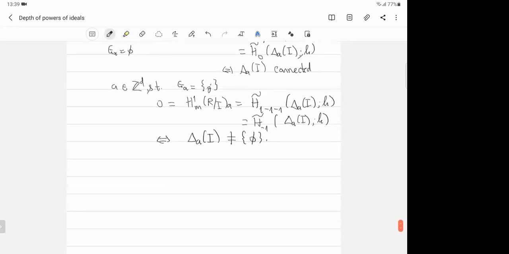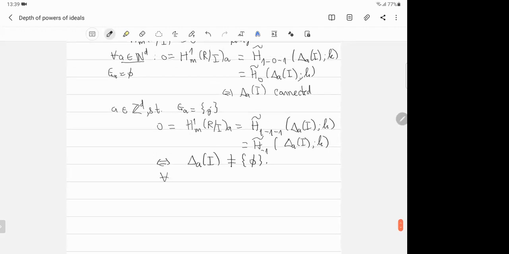So we want to have that for every a in Z^d such that the negative support is {j}, delta_a(I) is not the empty complex.